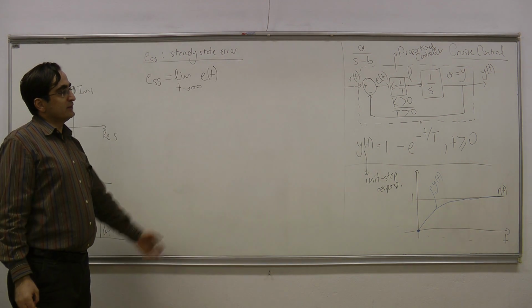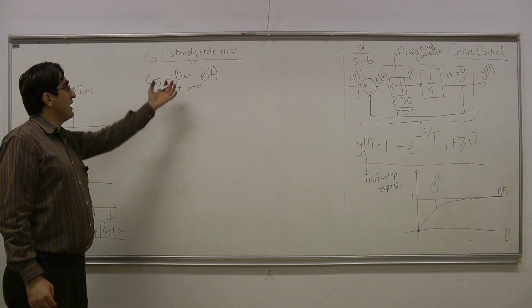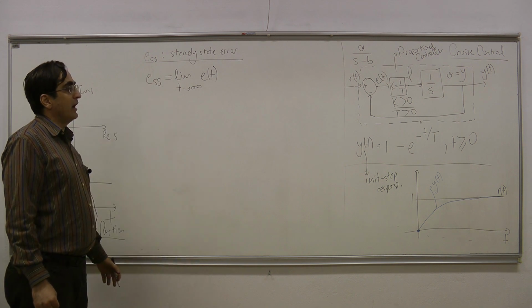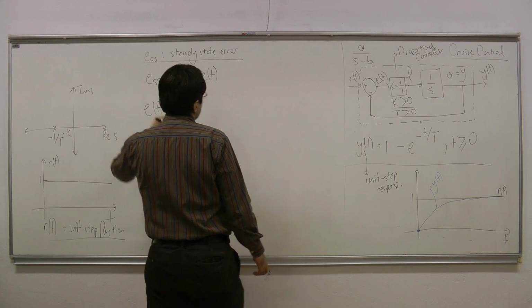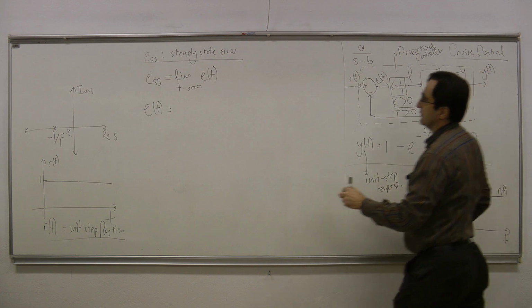But what about in this case? What is the final value of this error signal? What is the steady state error? In this case, let us calculate this. e of t is the difference between the reference signal and the output signal. Okay?